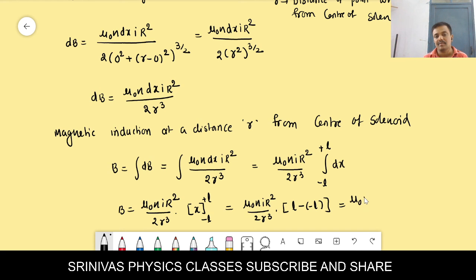The integration of dx we know is x. In place of x we substitute the upper limit, that is L. Next we keep minus, after that in place of x we substitute the lower limit.